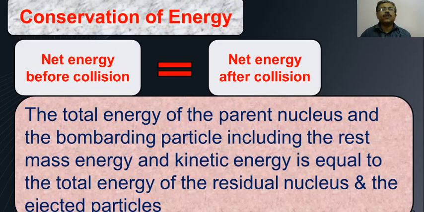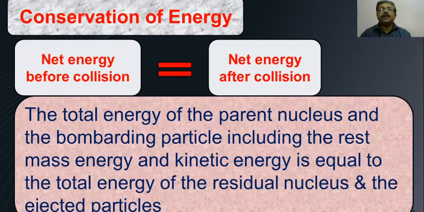Now let us look into an important aspect, conservation of energy. We know that energy exists in the form of mass too, which we call rest mass energy. It is not just the kinetic energy of the particle, but also the rest mass energy. So this has to be taken into account while thinking of the energy conservation principle in the case of nuclear reaction.